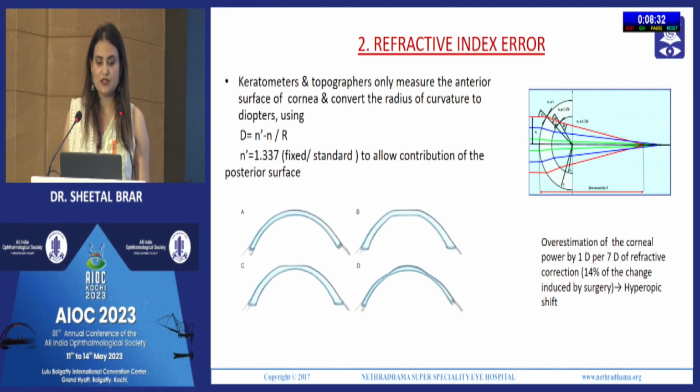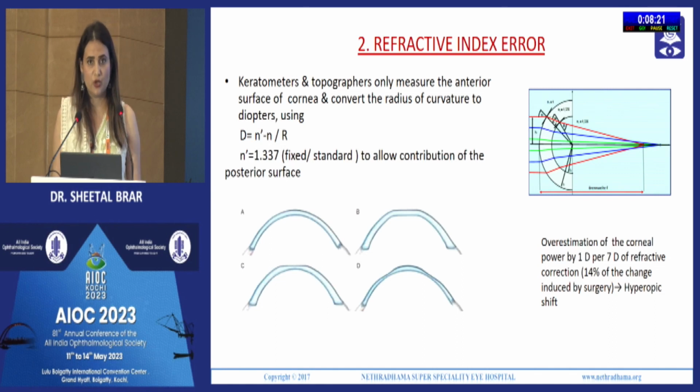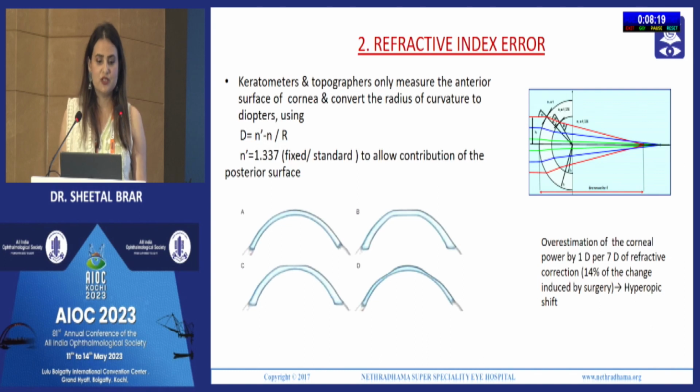This refractive index is used when assuming a normal or constant relationship between the anterior and the posterior surfaces of the cornea. After refractive surgery, this relationship changes because the anterior surface flattens and there is no change in the posterior surface. So this refractive index does not hold good, and hence you can have errors with the IOL power calculation.